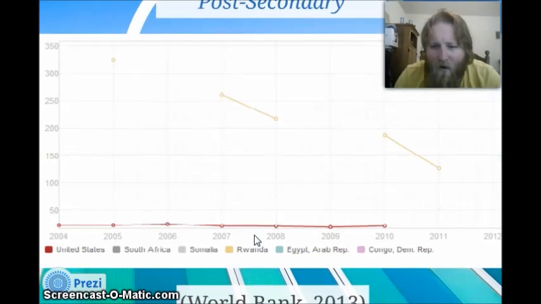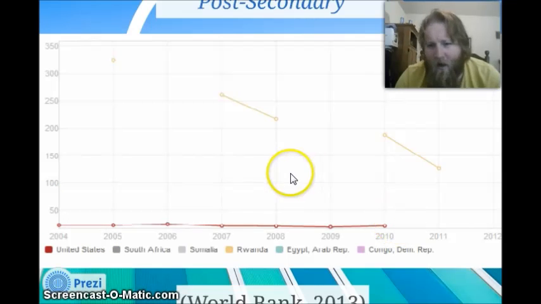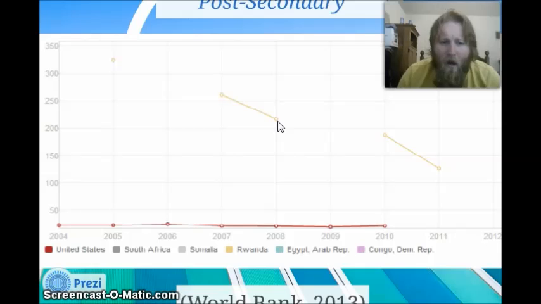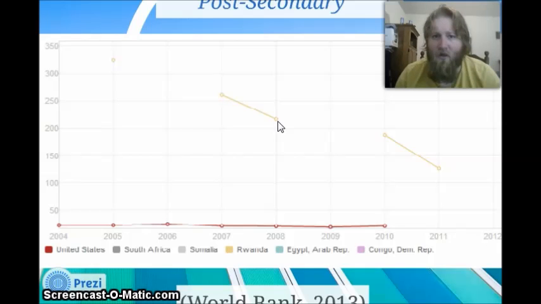And then here's a graph on post-secondary spending. You can see the U.S., we're pretty constant here, and then Rwanda spending huge amounts of money on post-secondary. So you can see where they have their primary enrollment rates up to a very high percentage, and now they're really putting money and resources into post-secondary and secondary education, which is really key because if you think about it, you want to train educators in your country and you want to keep them going.